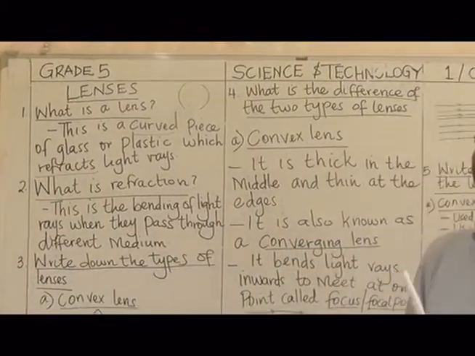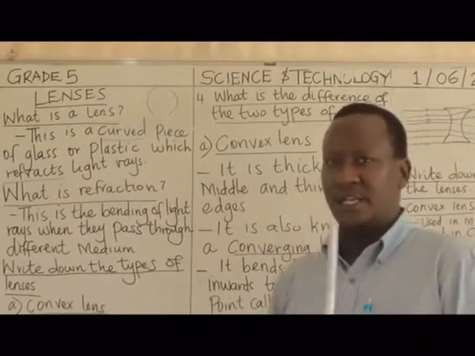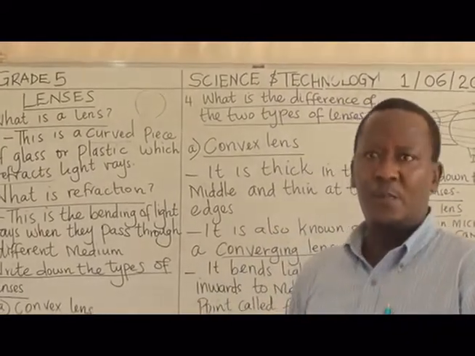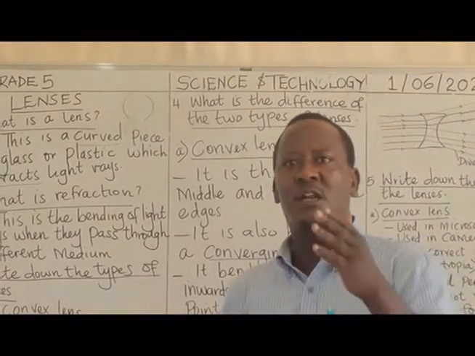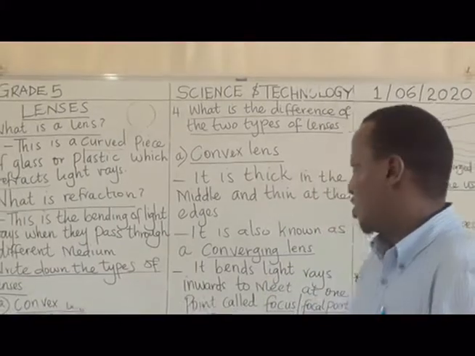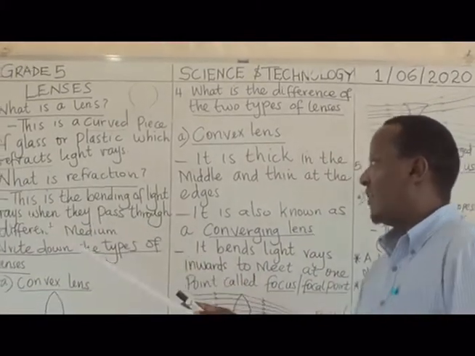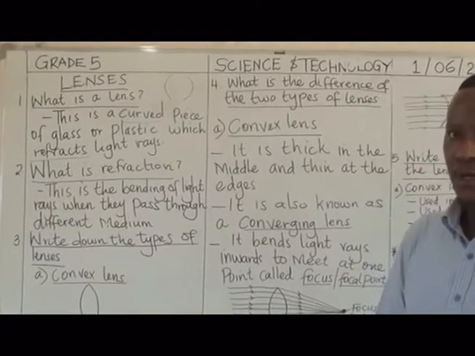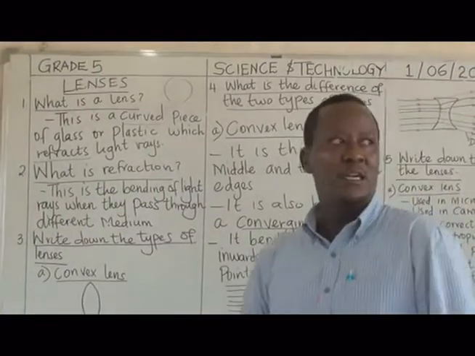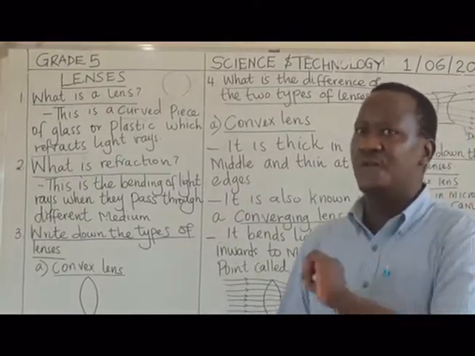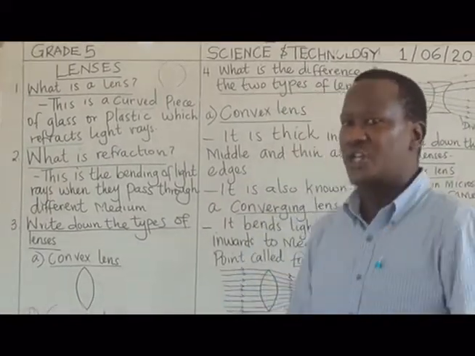If I take you back, there was a time we talked about the properties of light. One of the properties of light, we said, is that it can refract. And we said refraction is the bending of light rays when they pass through different mediums. You can go back to the first lesson and see the diagrams I drew to show what refraction is.